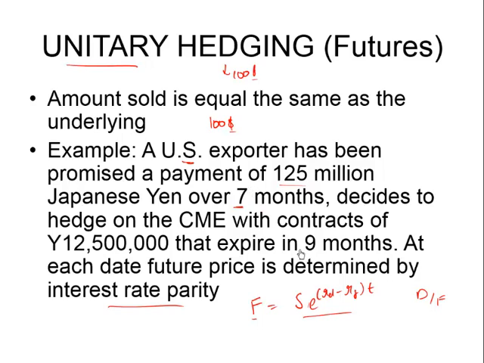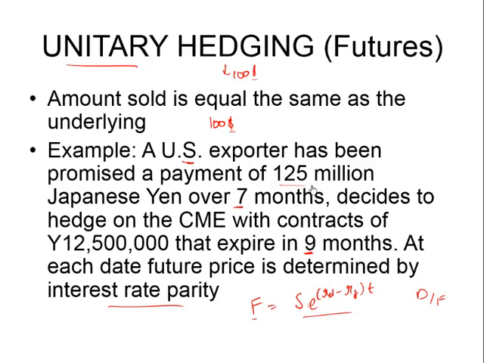There may possibly be 2-month contracts, 3-month contracts, or 12-month contracts, and some 9-month contracts. He's not able to short exactly a 7-month contract, even though the payment is expected 7 months later. So what we will advise him to do is to short a 9-month contract.